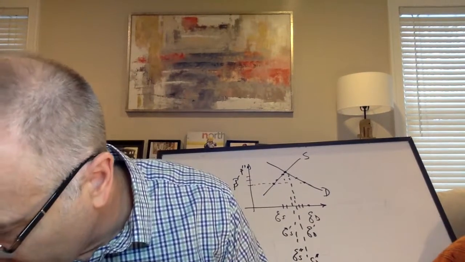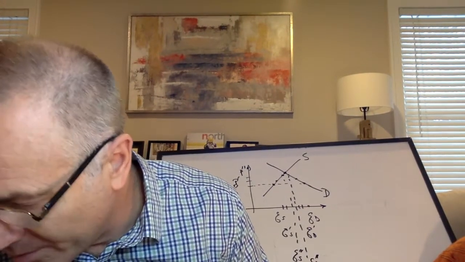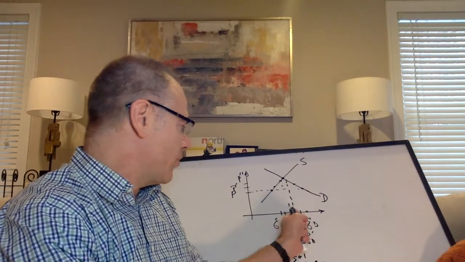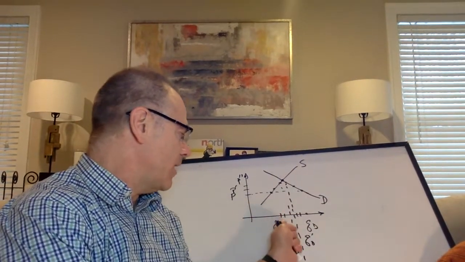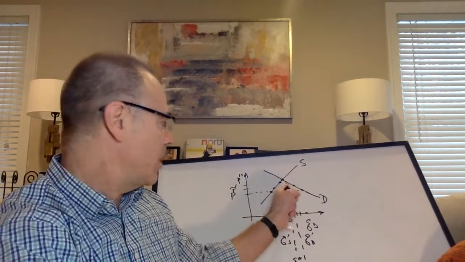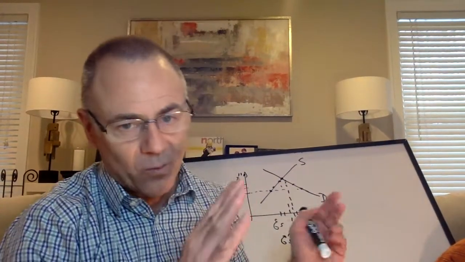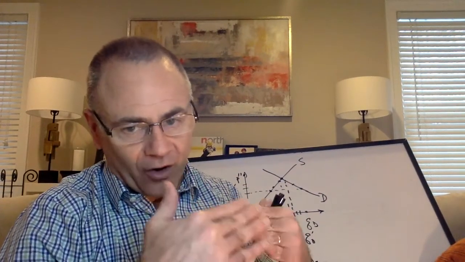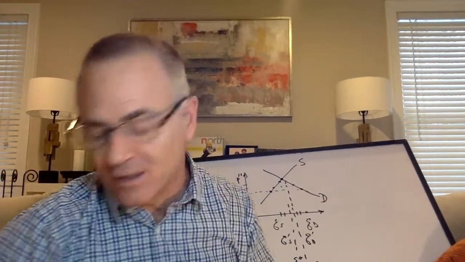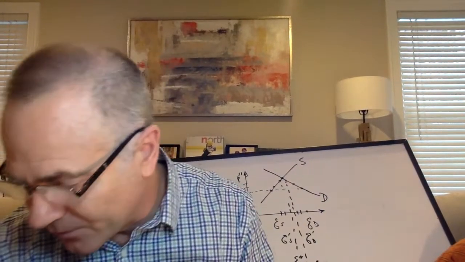So eventually the price will rise, quantity demanded will decrease, quantity supplied will increase, and eventually they'll meet at that market clearing price and quantity at that point. So that's the key point. But we would not say that the curves are actually shifting. We're only going to see movement along the supply and demand curves. So that was the key for that question.